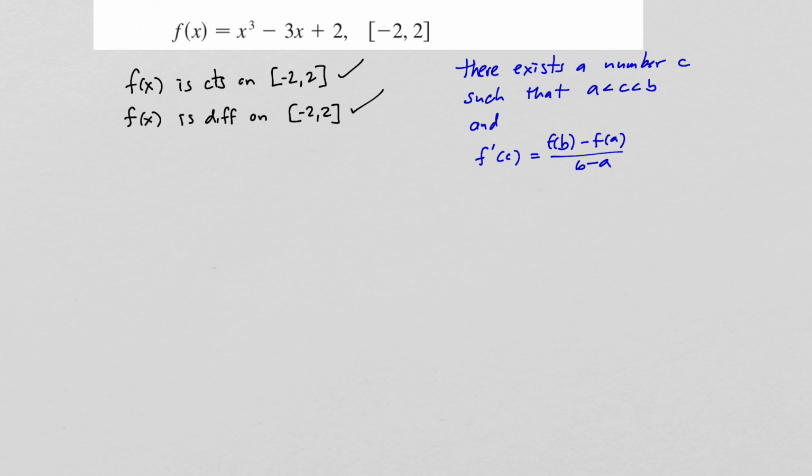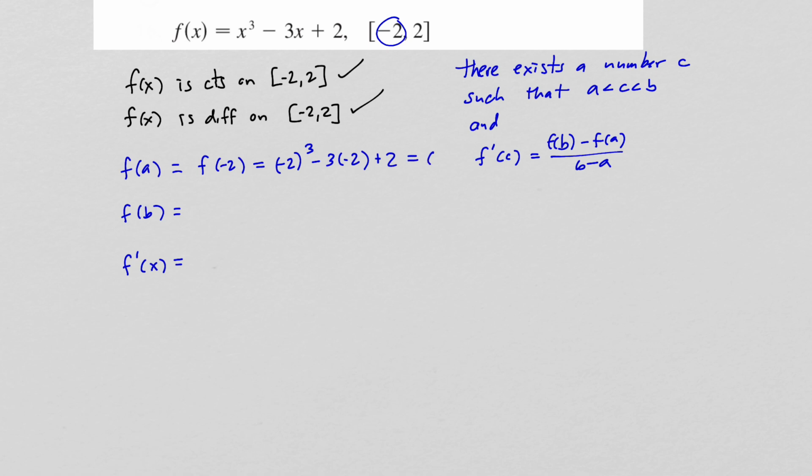Now, to find the value c, we will need to compute f of a, f of b, and we will also need f prime of x. So let's go ahead and compute these things. F of a is going to be f of -2, since a is -2, and that is -2 to the third power minus 3 times -2 plus 2, and this is equal to 0.